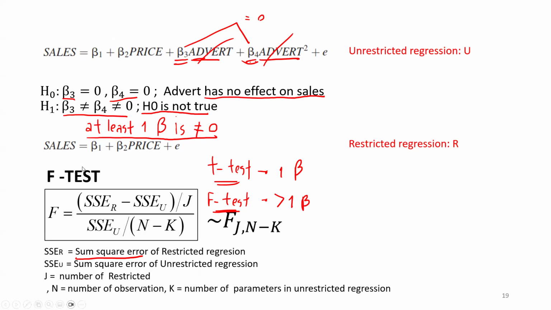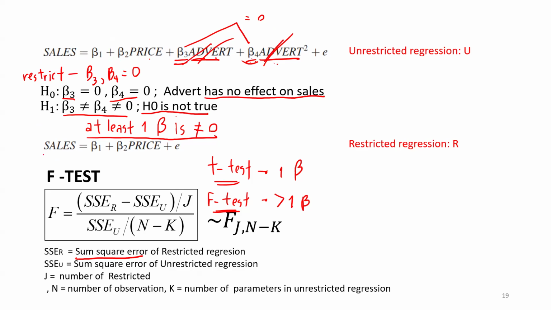It means sale depends on price and advertisement. And then we try to restrict that beta 3 and beta 4 must equal 0. Okay, so both are zeros.